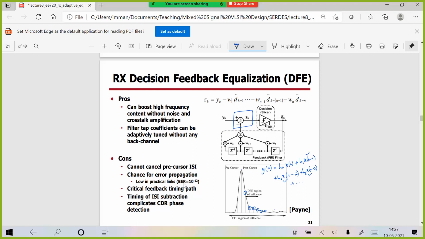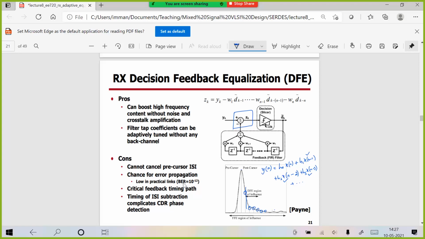So precursor ISI cannot be handled by DFE. It can only handle post cursor ISI. That is why you see the DFE region of influence starts from here onwards. The third is the chance for error propagation. Anyway, it's low in practical links.